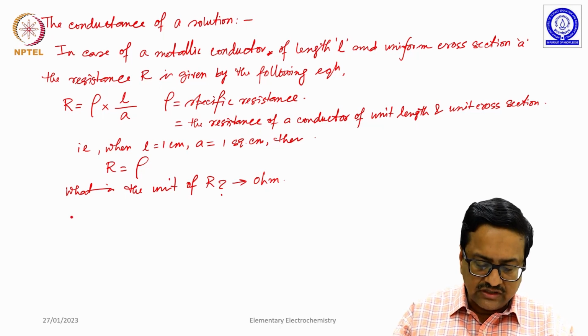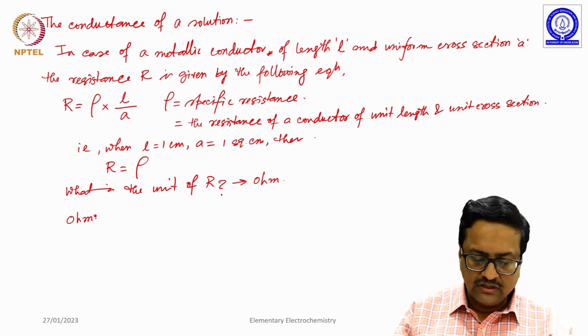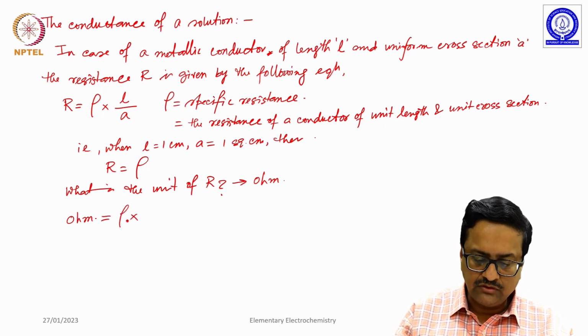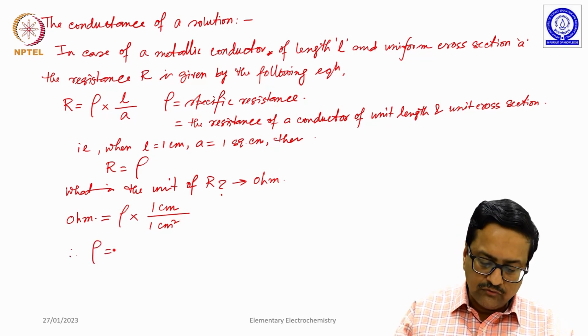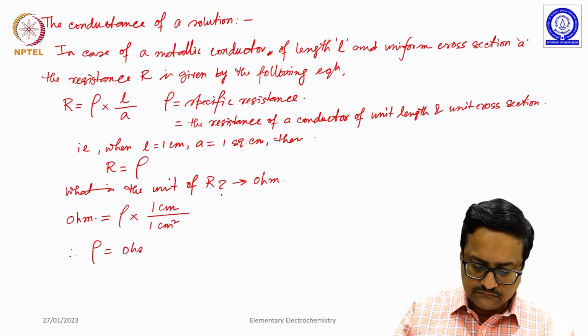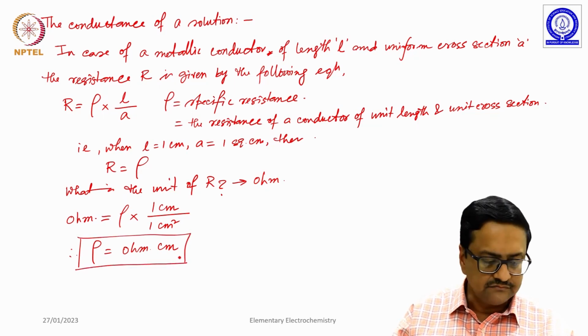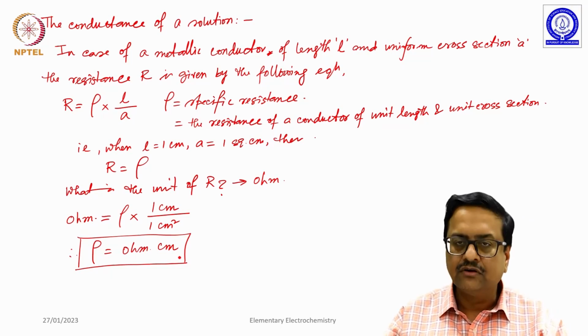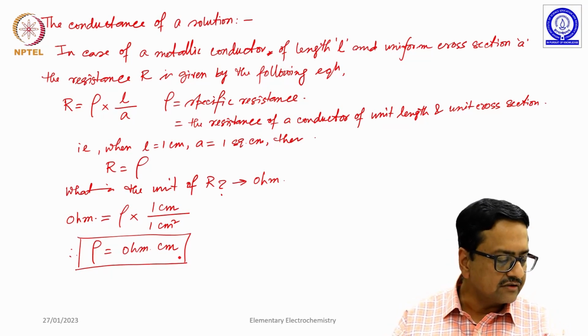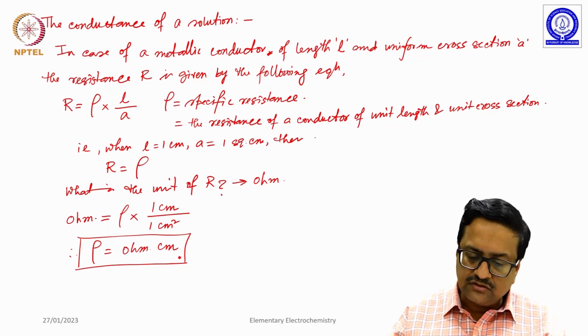Now, in this equation, on the left hand side, if I write the unit of resistance as ohm, equal to rho into L, which is 1 centimeter, by 1 centimeter square, then on simplification rho will have unit ohm centimeter. This is known to you from your 10+2 knowledge of basic physics.